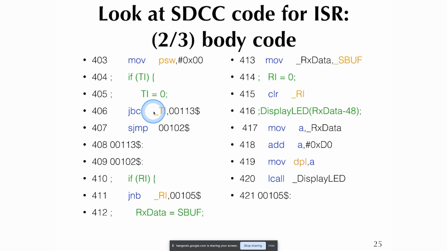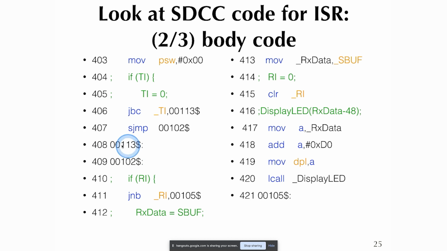So JBC TI, and that means jump if bit is clear. In other words, in C, you think if true, I do this. In assembly, you think if it's false, I jump out of it, right? So that's JBC. So jump to this 00113$, that's a local label, okay? So that's this label here, so that it skips the part.